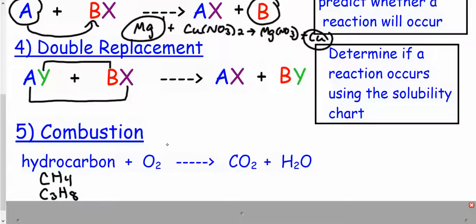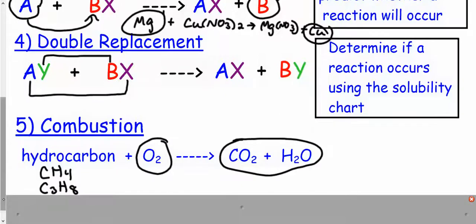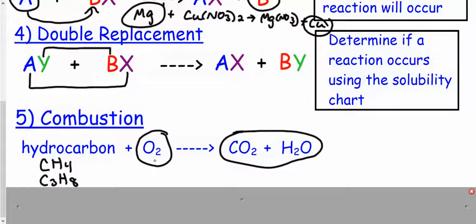You always combine it with oxygen, and the products are always carbon dioxide and water, so these are pretty easy to recognize. The common mistake is to call this a single replacement because it has a single element on the left, but there is no single element on the right, therefore it cannot be single replacement. Also, sometimes people confuse this with double replacement, but double replacement has no single elements, and yet this does.